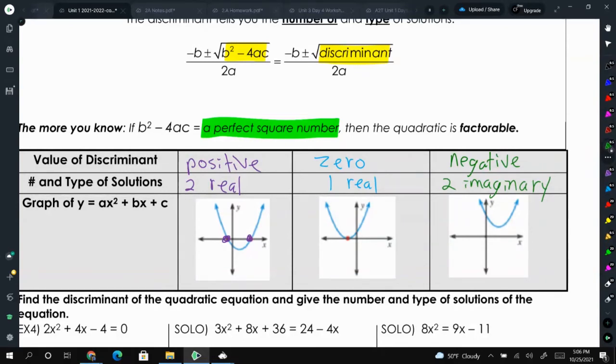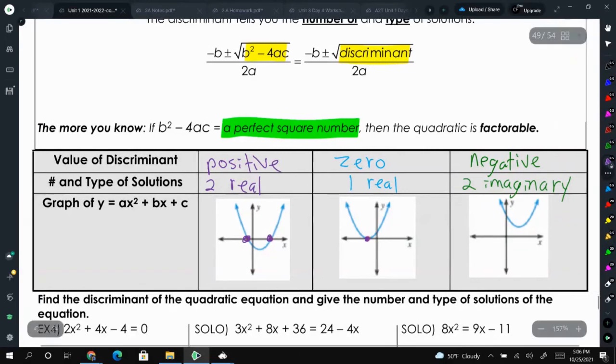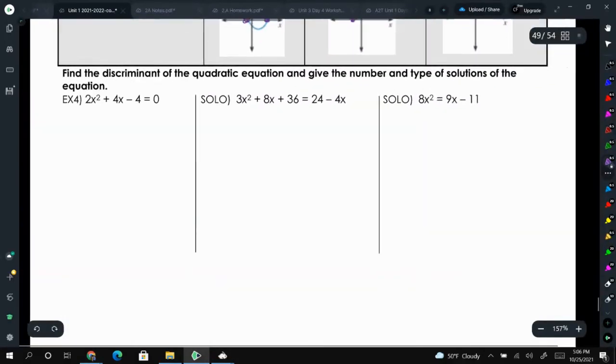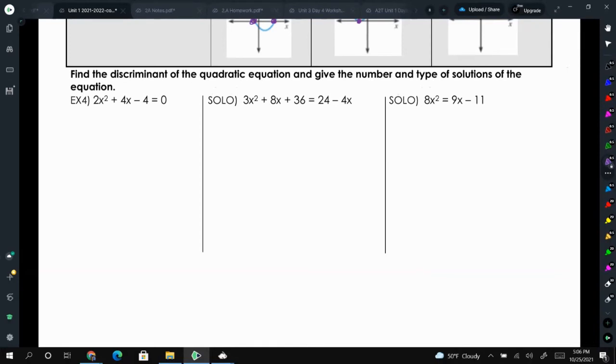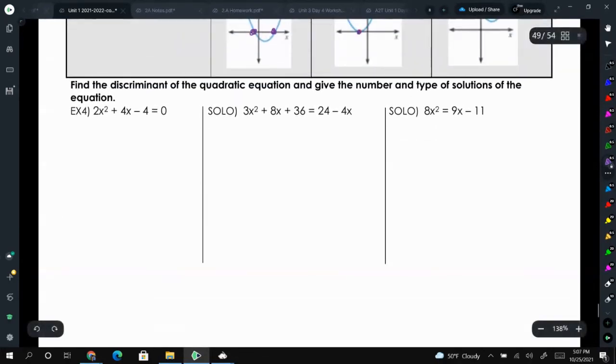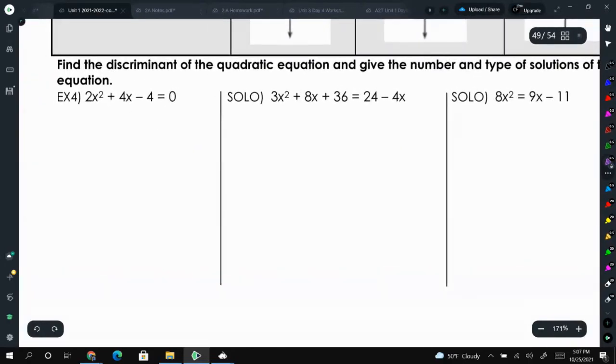If you know that your graph is not going to touch the x-axis, that means you're going to have no real solutions or 2 imaginary solutions. If your graph touches the x-axis exactly, like if your vertex is on the x-axis, then you only have 1 real solution. So we can use that down here and say, hey, what type of solutions are we going to have based on the discriminant alone? So I'll do example number 4, and then I'm going to have you guys try the other 2.